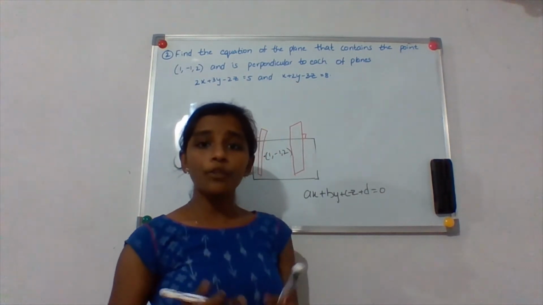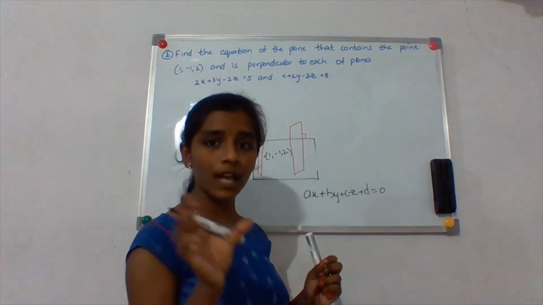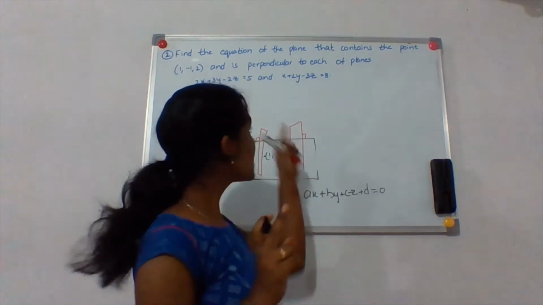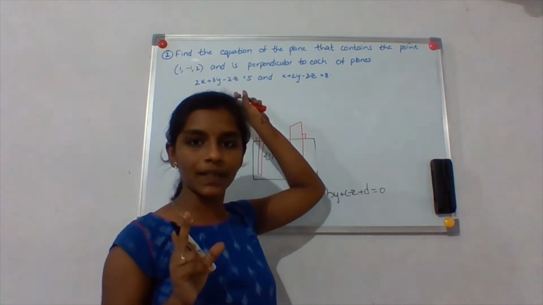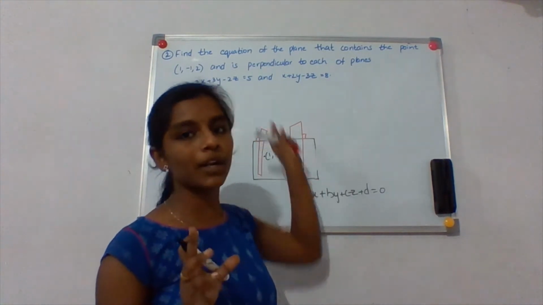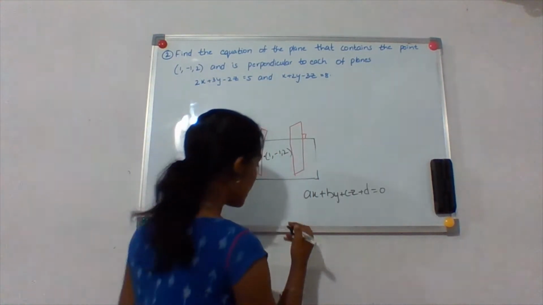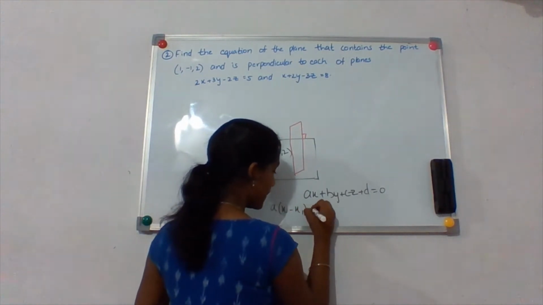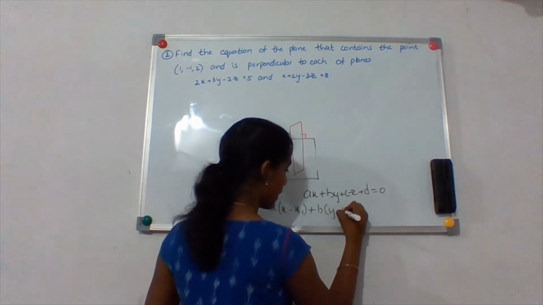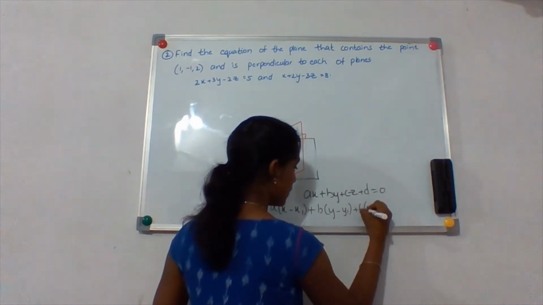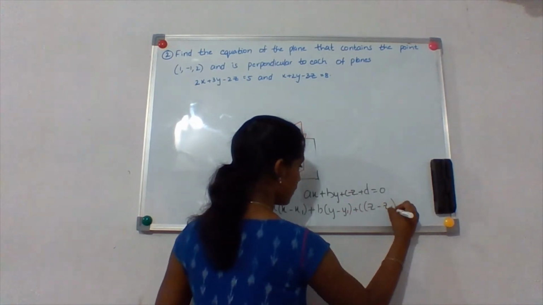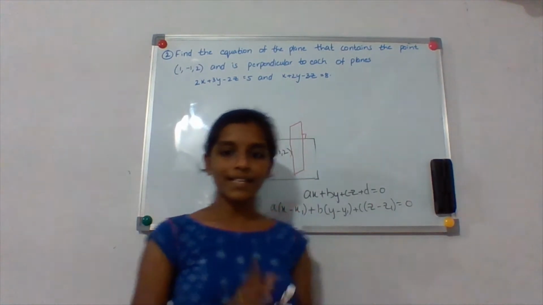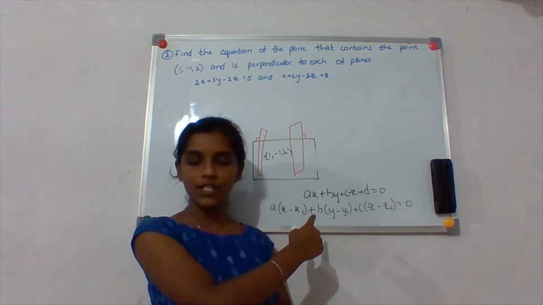But how do you find the equation of the plane? You have some small forms. I told you the one point form, because you only have one point over here, so you must use the one point form: a(x - x1) + b(y - y1) + c(z - z1) = 0. That is the general equation of the plane.